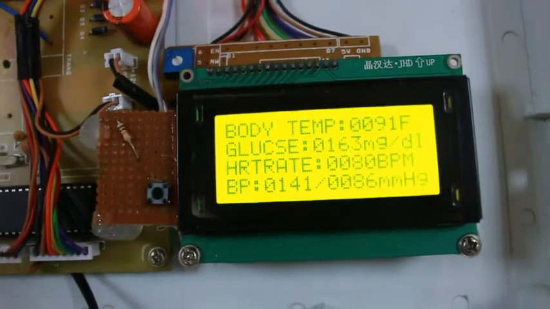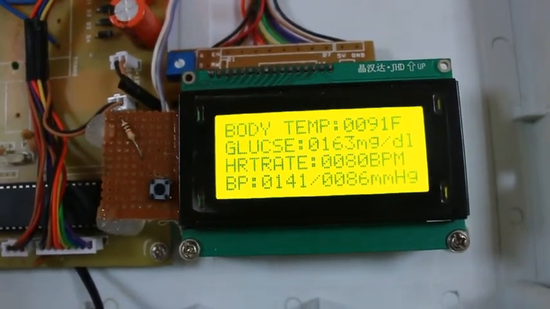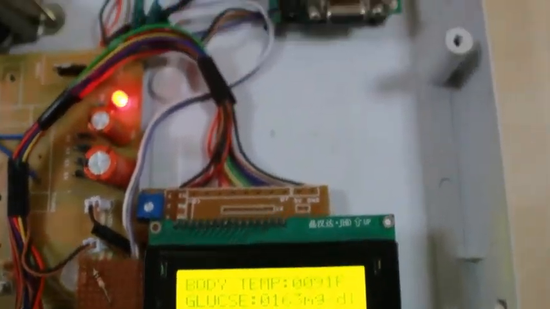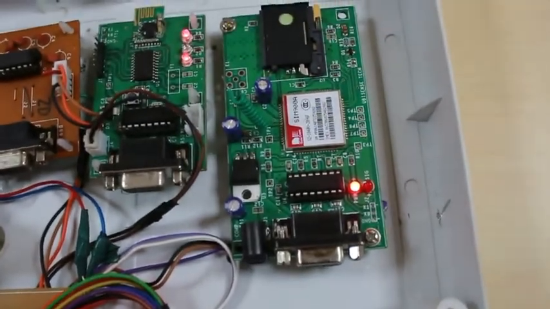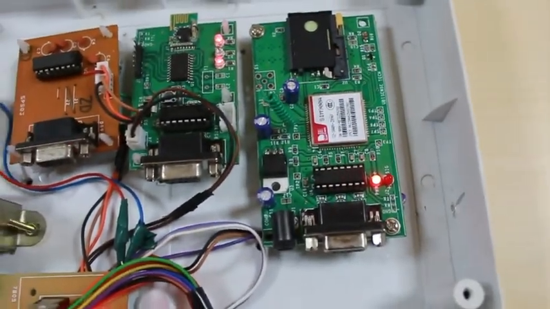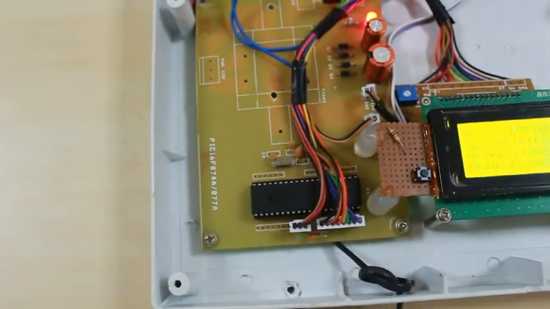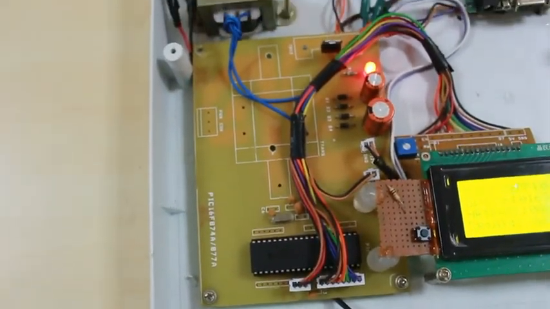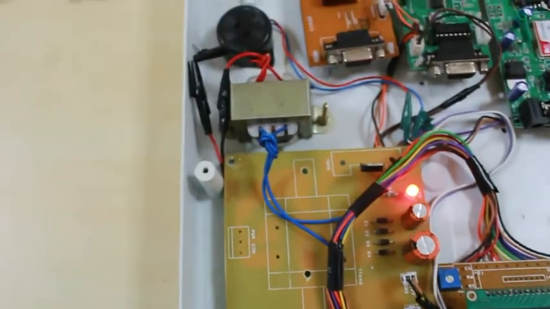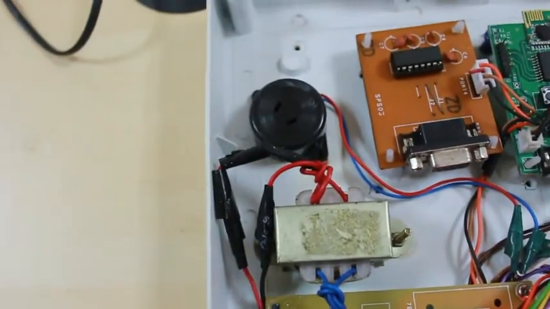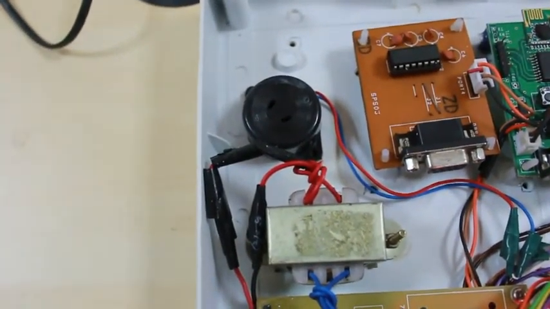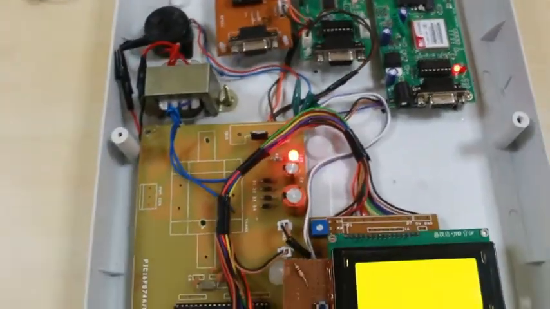It is now displayed on a 16x4 LCD and transmitted to the GSM modem, which sends SMS to the doctor's unit using AT commands. Simultaneously, the microcontroller checks the values of body parameters, and if any abnormality is found, it gives an alarm to the people around the patient for taking necessary action.